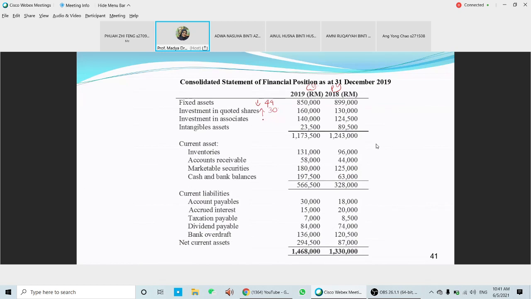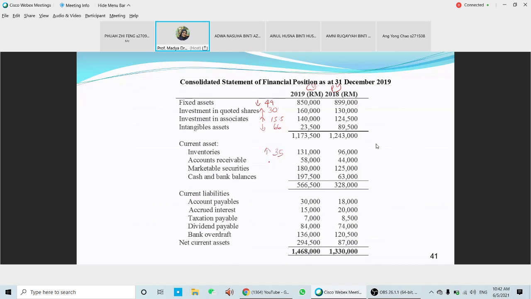In associate, there is an increase by 15.5, maybe shares of profit. Intangible asset, there is a reduction by 66. Every single item you need to analyze. Inventory here increased by 35.